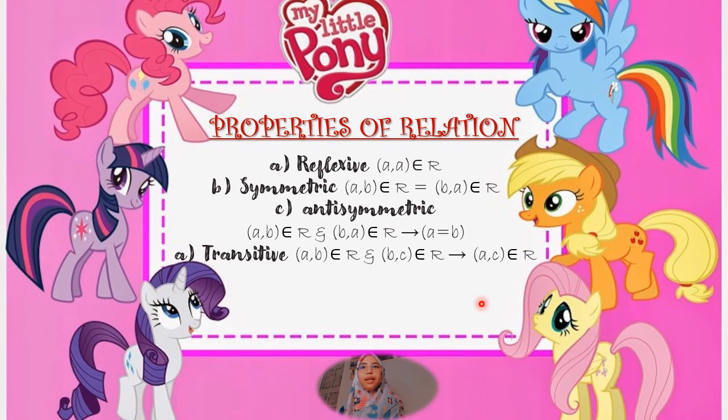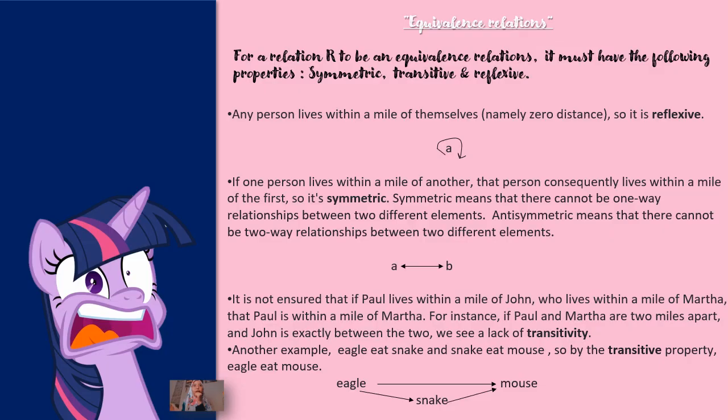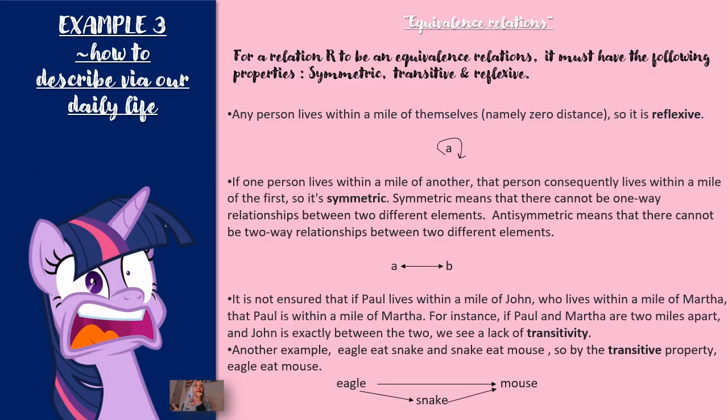So let's look at an example of how to describe this in our daily life. For equivalence relations, the meaning is, for a relation R to be an equivalence relation, it must have the following properties: reflexive, symmetric, and transitive.